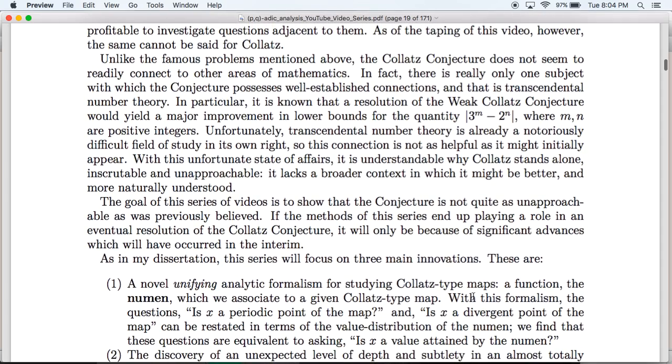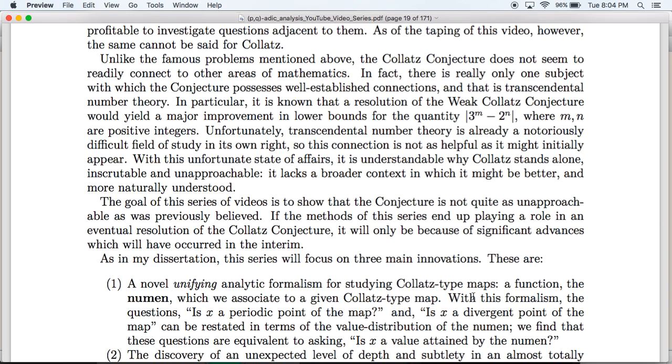The first of these is a novel, unifying analytic formalism for studying Collatz-type maps. This is a function which I call the Newman, which we associate to a given Collatz-type map. The function chi_q that we saw in episode 1, specifically chi_3, which you get from setting q equals 3, is the Newman of the shortened Collatz map.